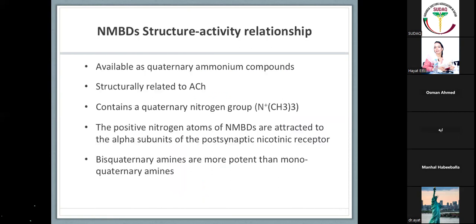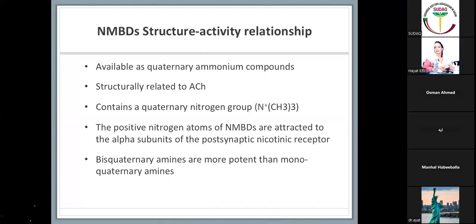It is important also to relate the structure of the neuromuscular blocking drugs with their activity, because all of those muscle relaxants are quaternary ammonium compounds, and as I said, they are structurally related to acetylcholine, and they contain this quaternary nitrogen group that is very important.